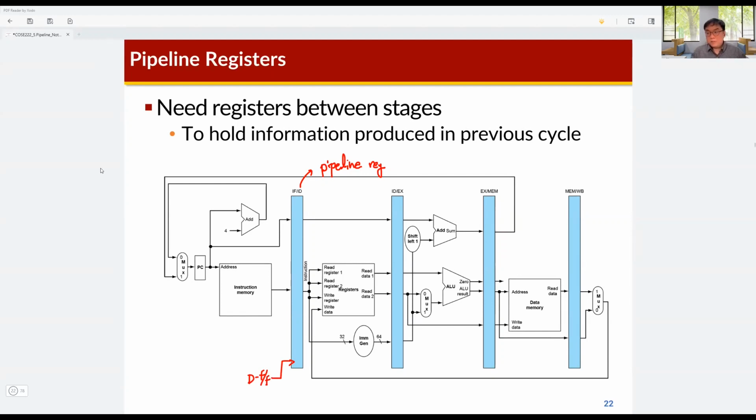What is the operation of the flip-flop? This is the operation of the D flip-flop. This is the clock, this is D, this is Q. D is the input.